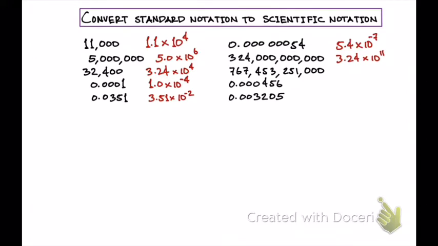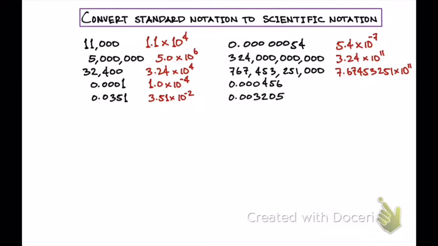The reason why is because you have to include all the non-zero digits in your coefficient. And the reason why has something to do with significant digits, and we'll talk about significant digits later on in this lesson. So that would be 7.67453251 times 10 raised to the 11th power.